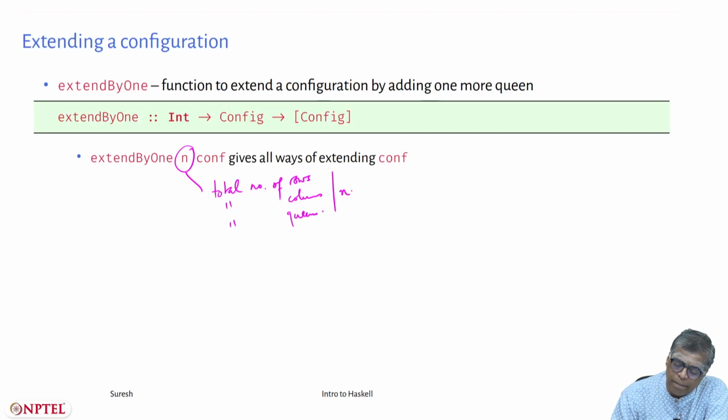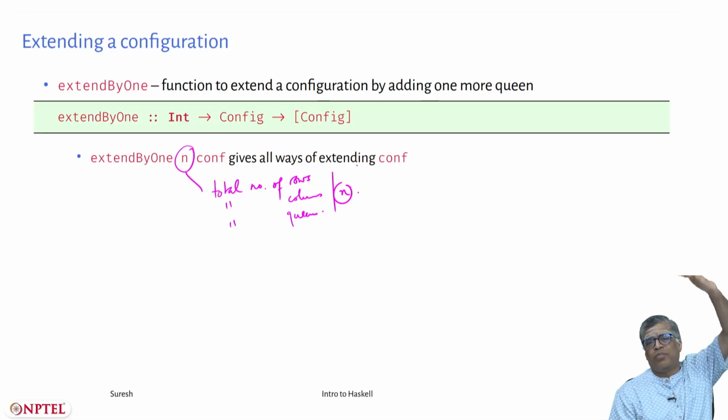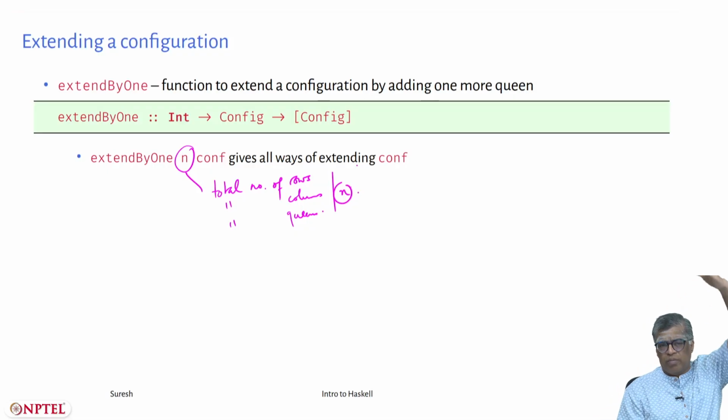That is n. For the n cross n puzzle, if I am given this configuration, how do I extend it by adding one more queen? Remember, we are building the solution from top row to below, and adding one more queen would be to add one element to the head of the list that we have.